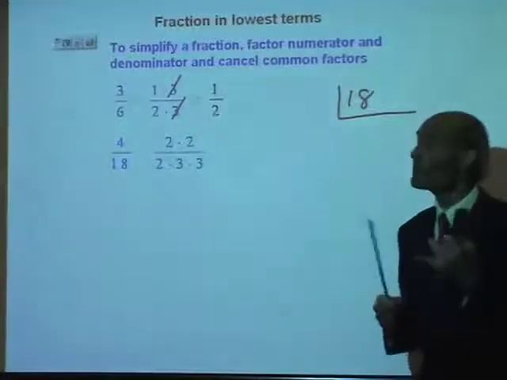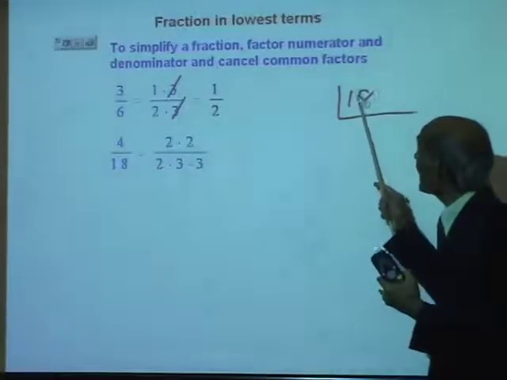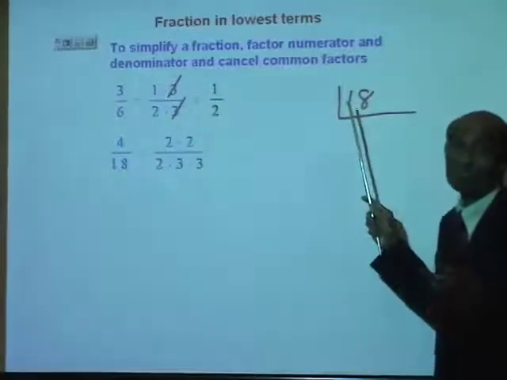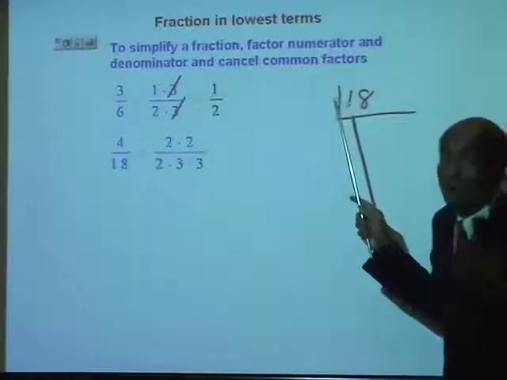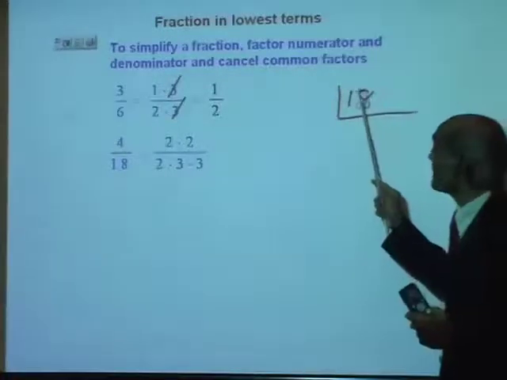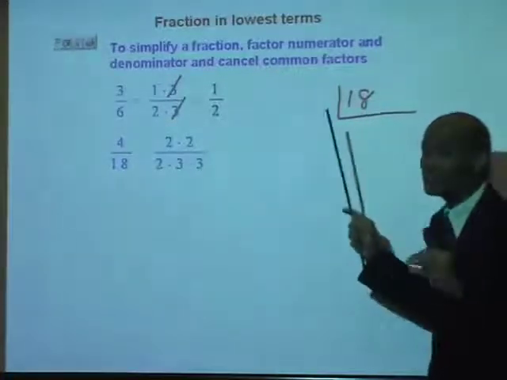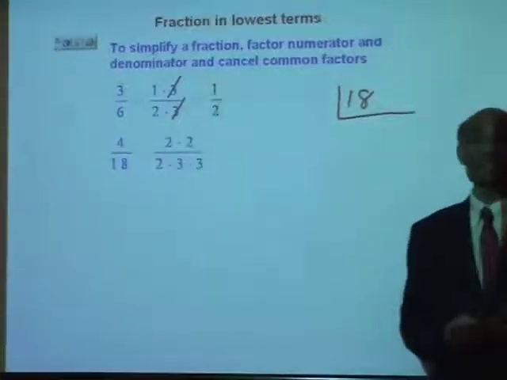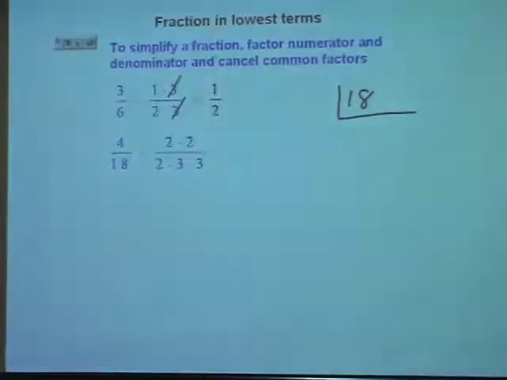How do you know? If the last digit is either 0 or an even number, 2, 4, 6, 8, you can divide that number by 2. So 18 can be divided by 2.